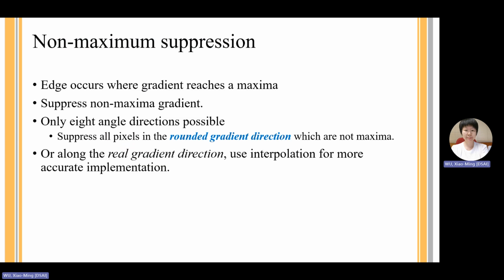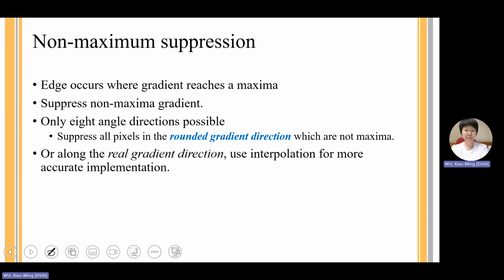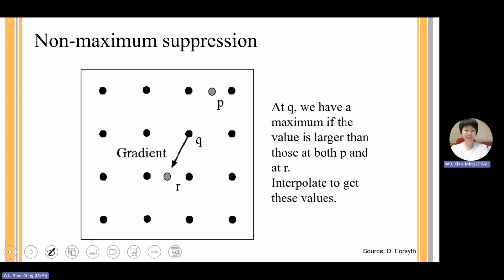Okay, so we mentioned that we can do the suppression along the rounded gradient direction. For example, at this point, the current pixel is Q, okay?